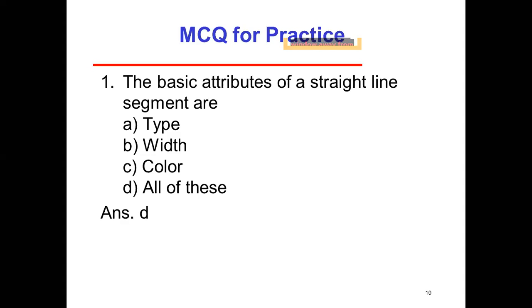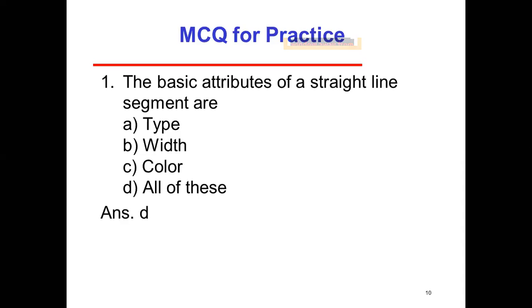The basic attributes of a straight line segment are: type is necessary, width is necessary, color is necessary. We must be aware of the type of line, whether it is a straight line, a curve, a parabolic, implicit or explicit, or a fractal.